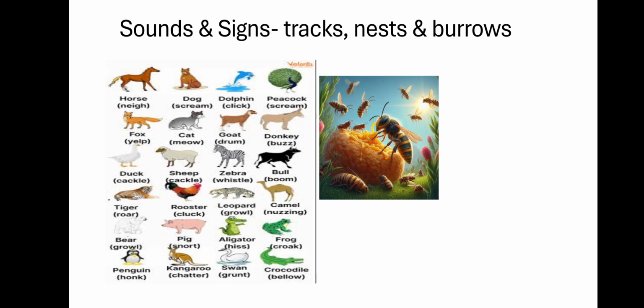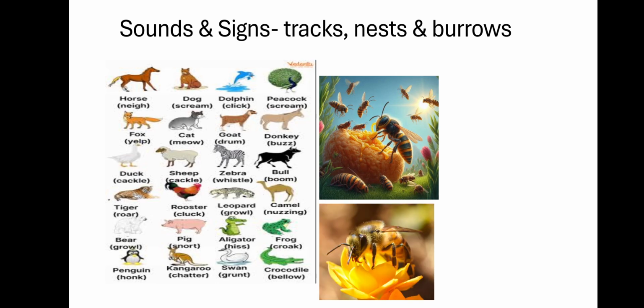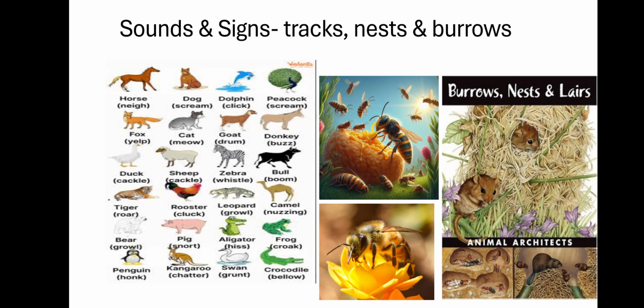This is an insect which is buzzing. It is a bee. Then this is also buzzing. While eating the nectar, it buzzes. Then there are burrows, nests and lairs.